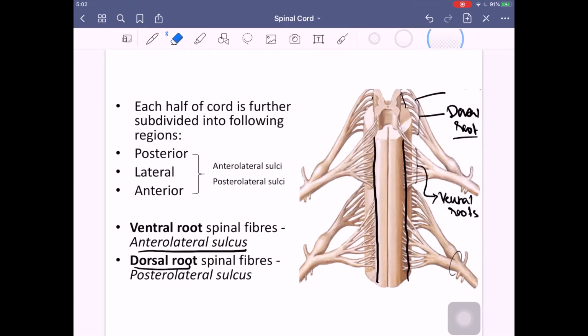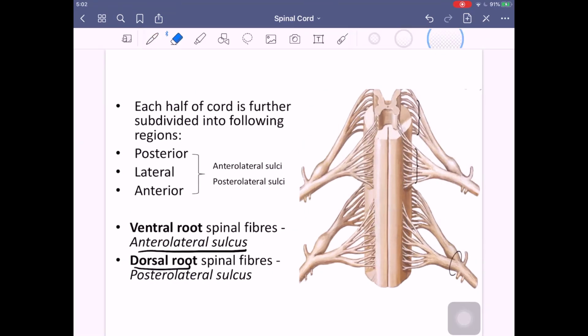All these small tiny fibers that you are seeing are called rootlets. So these will be your ventral rootlets, which all combine together and form your ventral root.